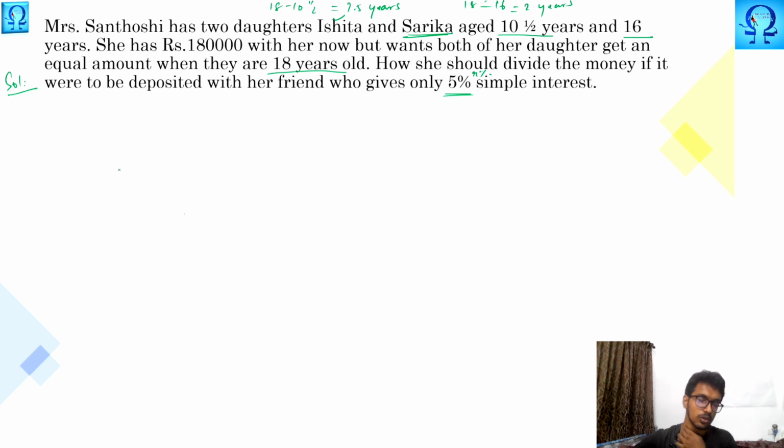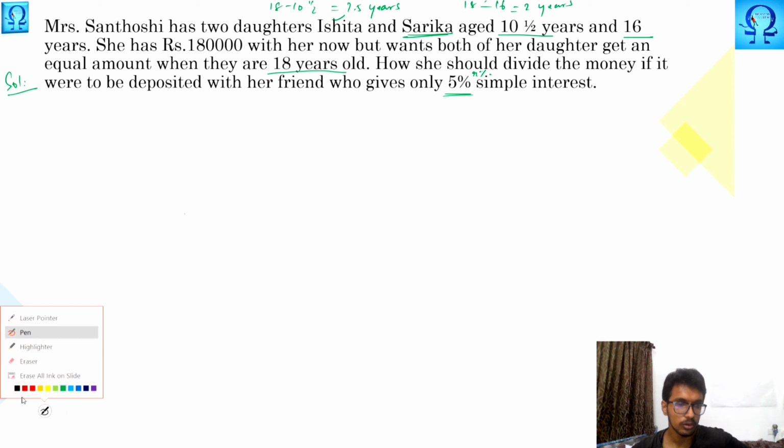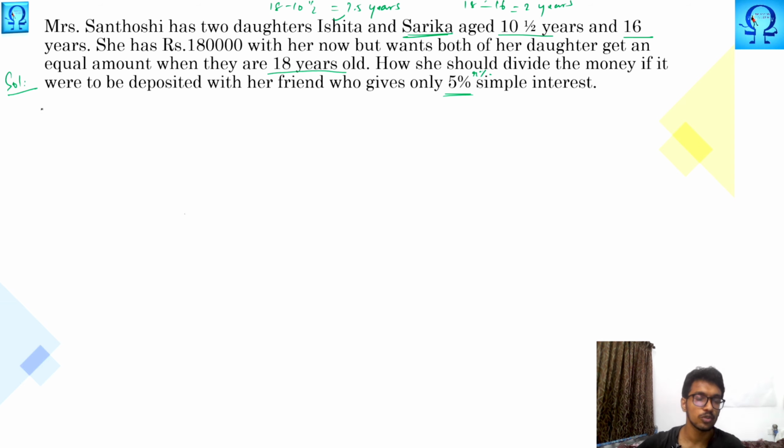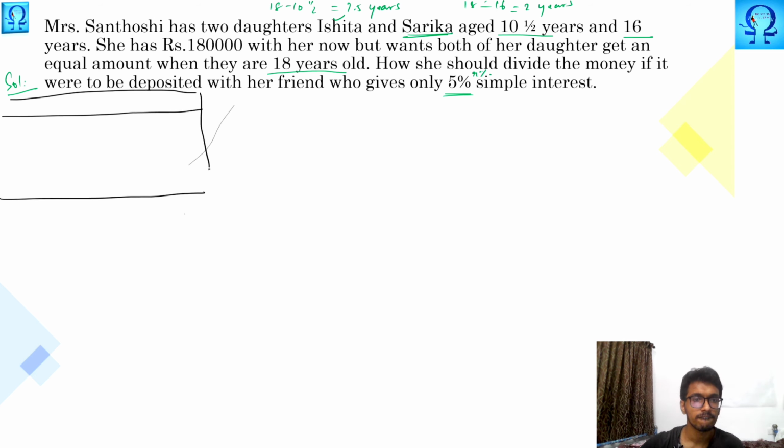Let us make a table here too, since we are dealing with two kinds of amounts. The first one is for Ishita and the other is for Sarika.